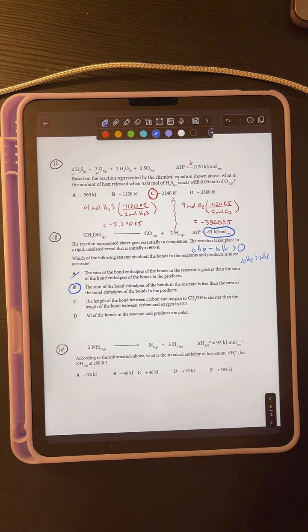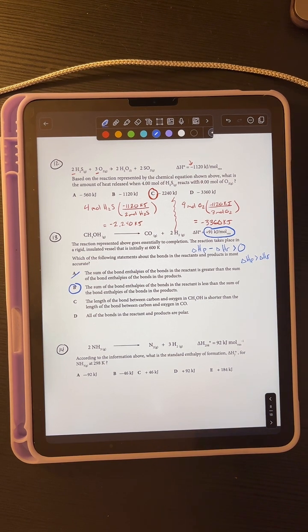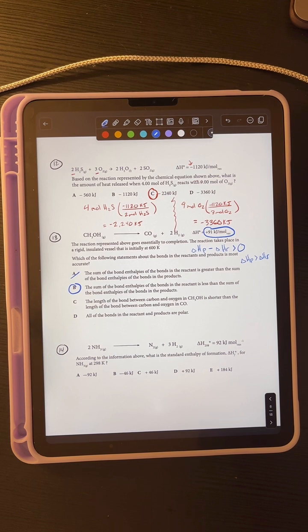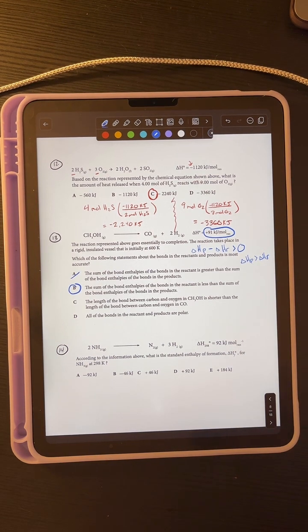If I could find it. No, I'm just going to Google it because Google is interesting and fun and has all the answers. Bond enthalpy delta H equation. Bonds broken minus bonds formed.